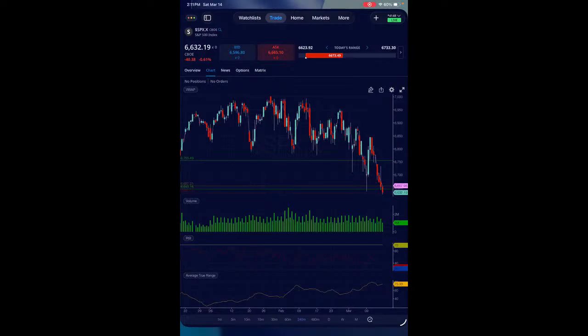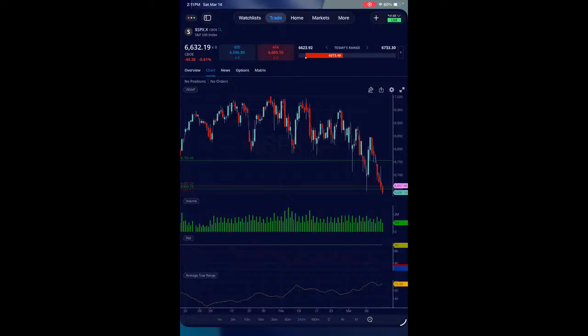And let's see, the demand and supply zones would be in the notes. But we can also get a good idea of what they are based on previous day's highs and previous day's lows.